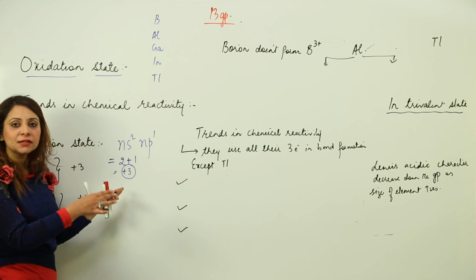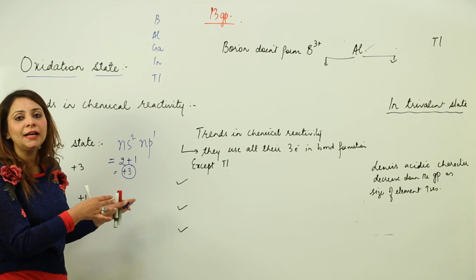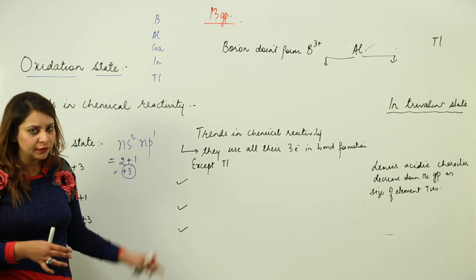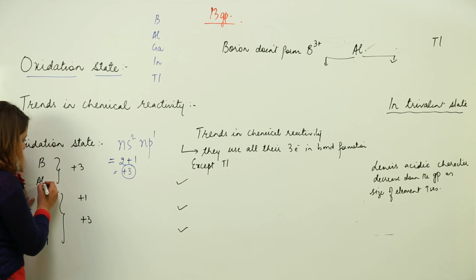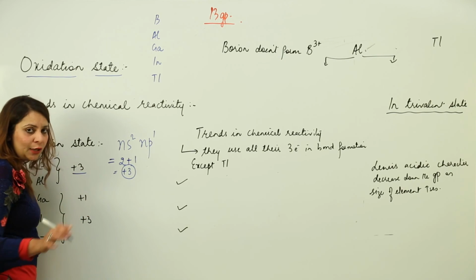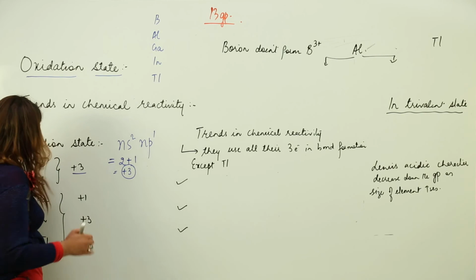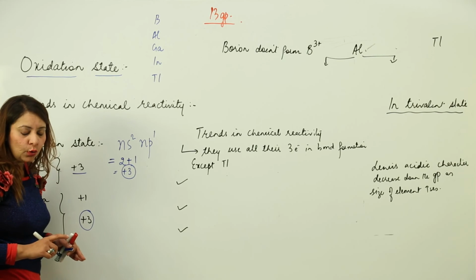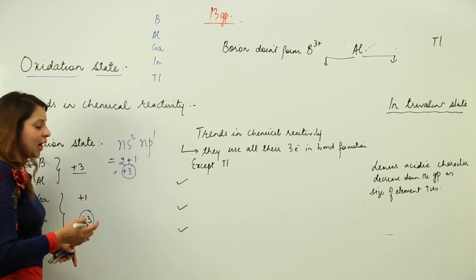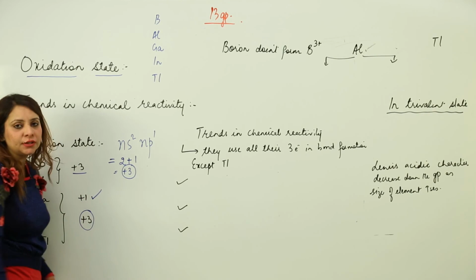So if we see how many elements of this group actually show the +3 oxidation state, we'll see that boron and aluminium generally show only the group oxidation state, right? But as we move down, they show their group oxidation state, and in addition to it they show the +1 oxidation state also.